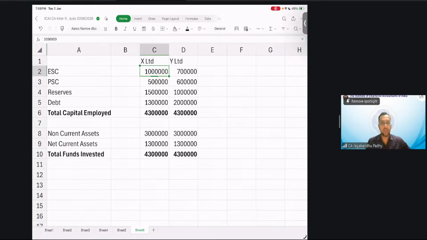So let's look at certain ratios, which are going to tell us about all these aspects.